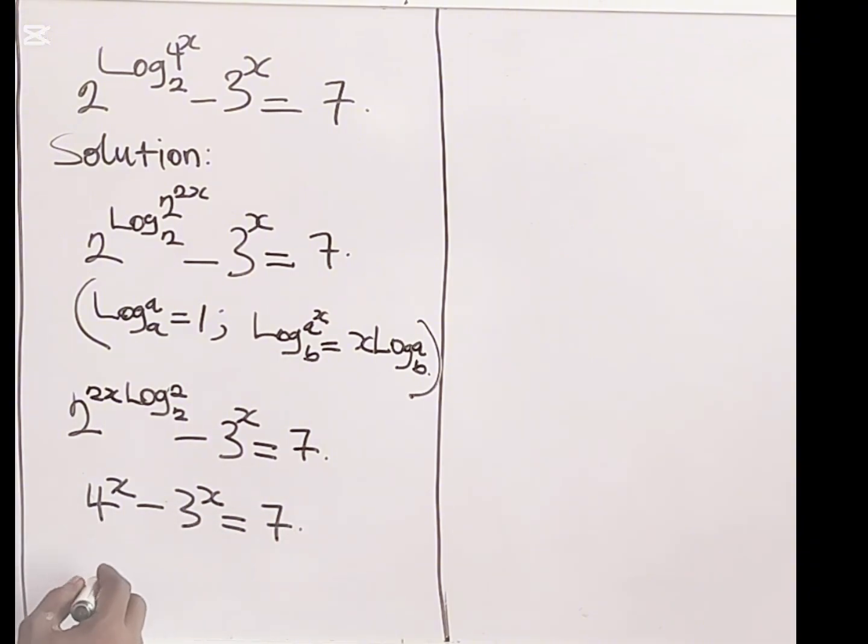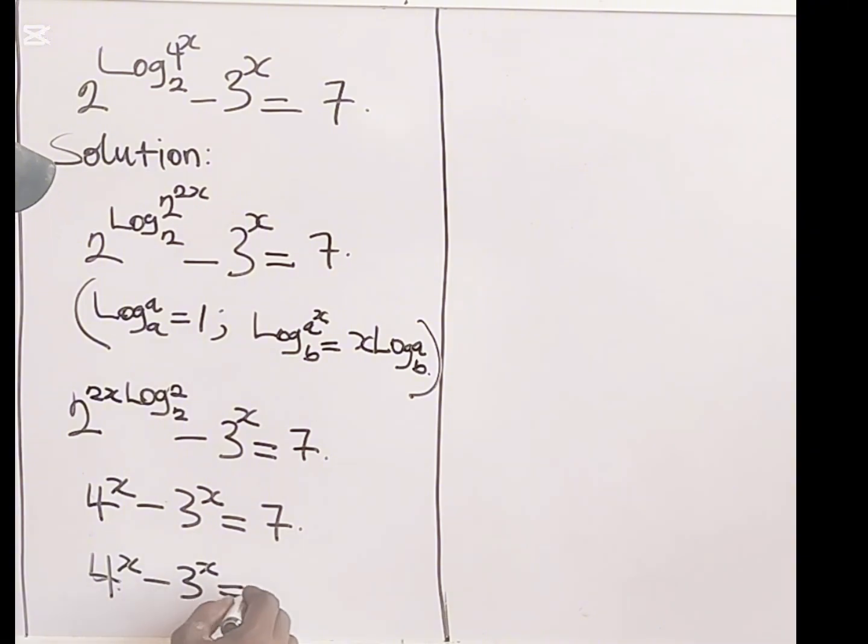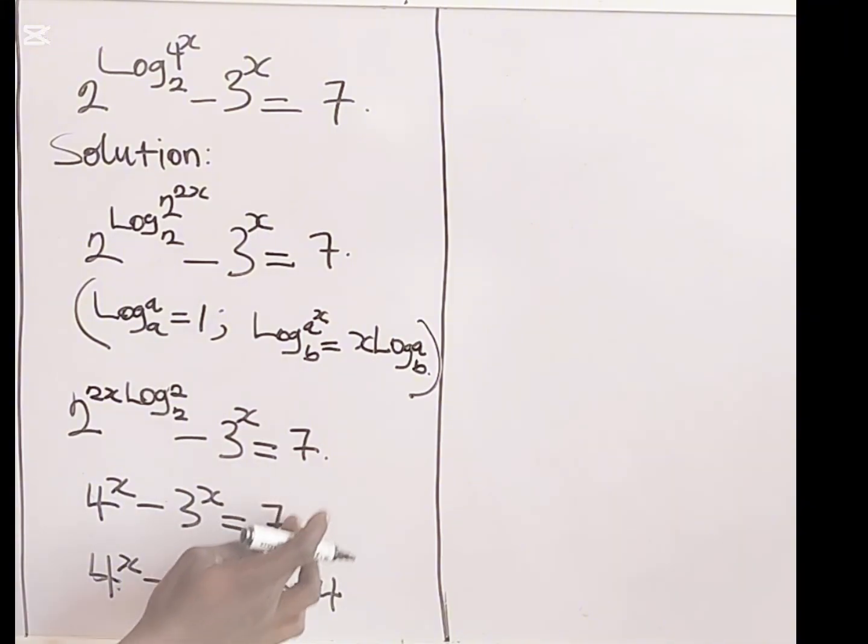We can write this as 4 raised to the power of x minus 3 raised to the power of x is equal to 3 plus 4. 7 is the same thing as 3 plus 4, so we'll just change this 7 to 3 plus 4.